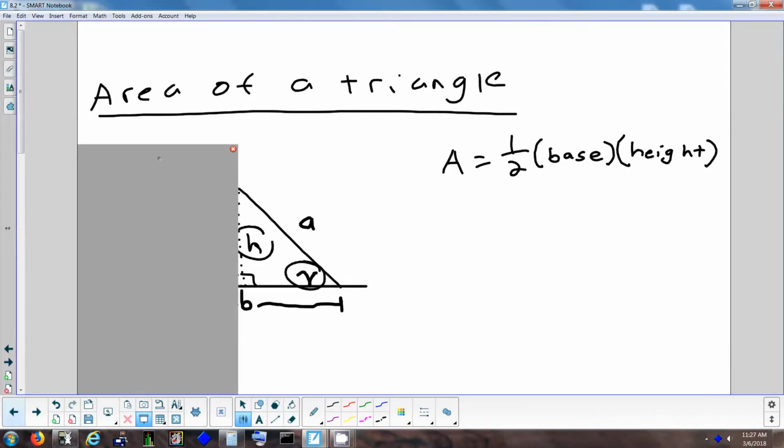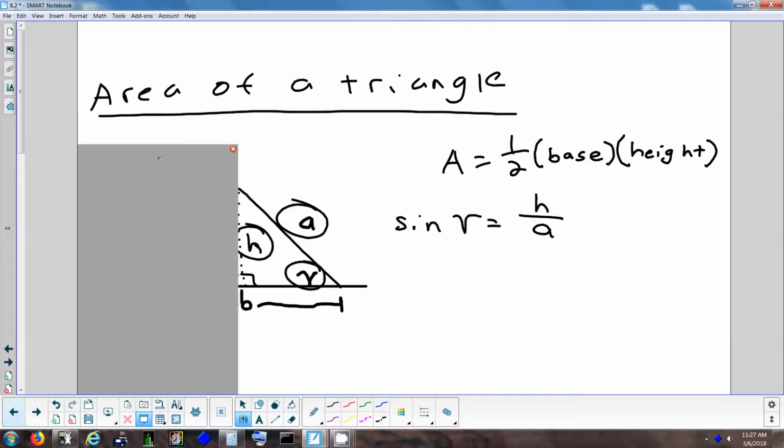I have an angle. I want to know that. And they'll tell me that in the problem. h is opposite. a is hypotenuse. What trig function has opposite and hypotenuse in it? Sine. So if you write it down, sine of gamma equals h over a. And now I'm trying to get a formula for h.